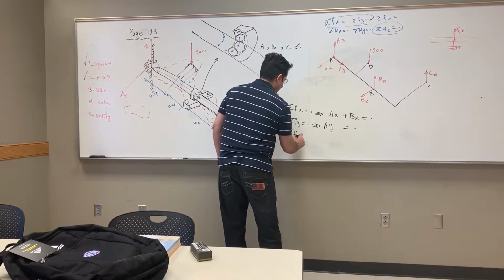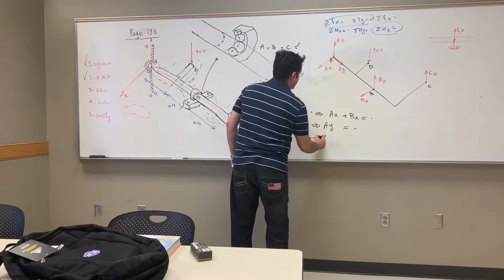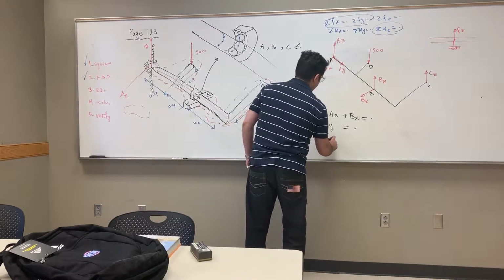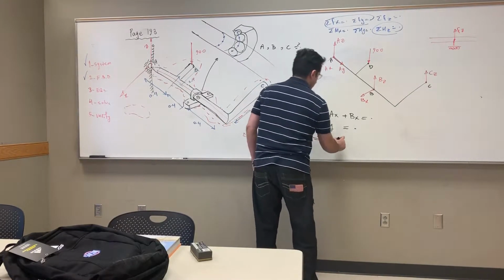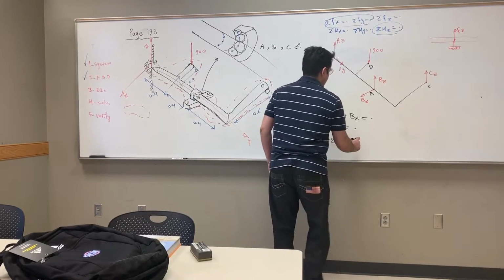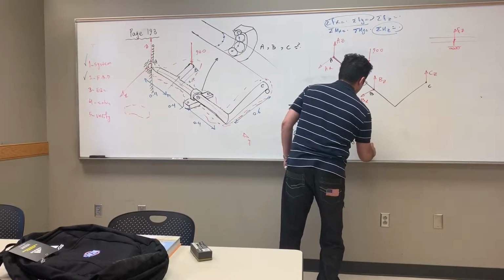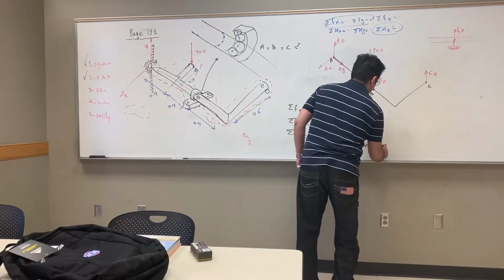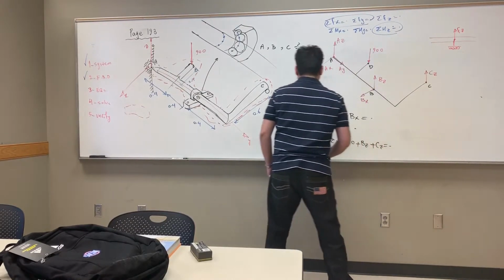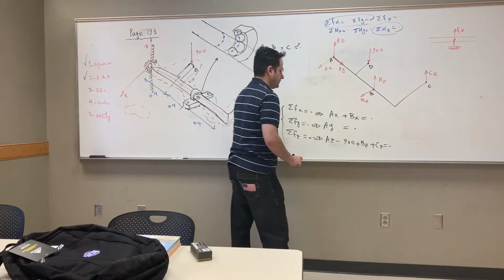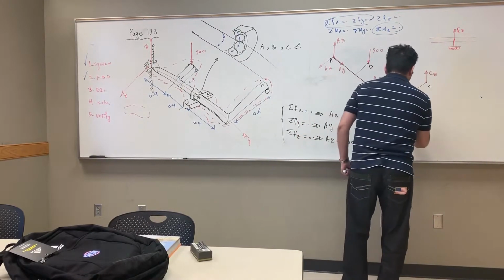Summation of force z, that's going to give me AZ minus 900 plus BZ plus CZ is equal to 0. So these are the force equations, and then the moment equations.